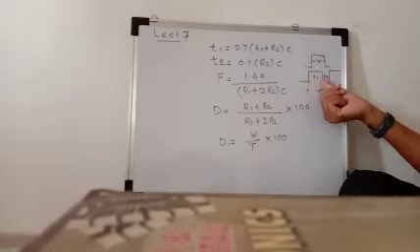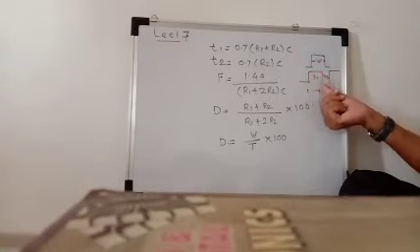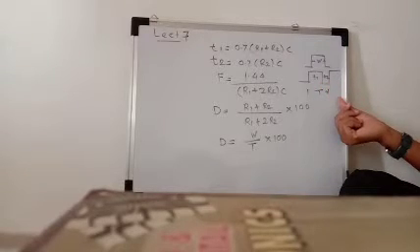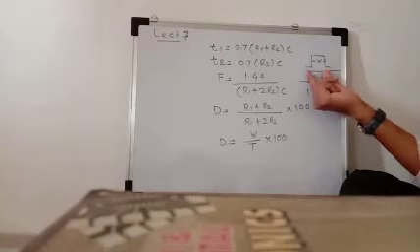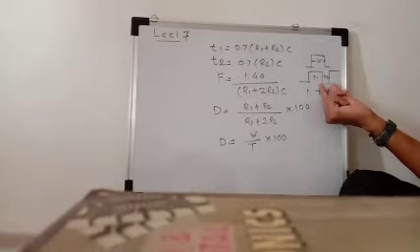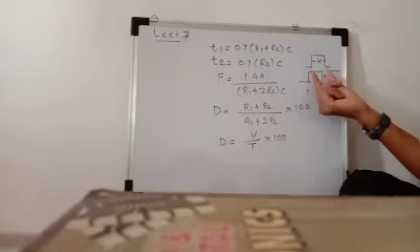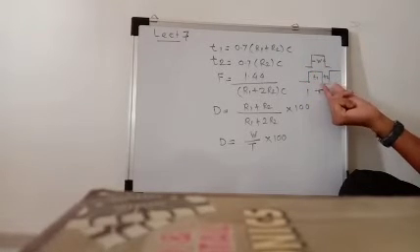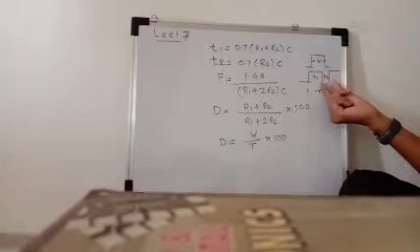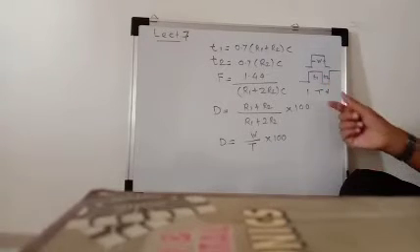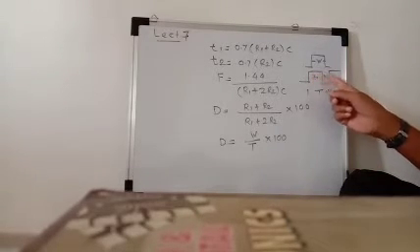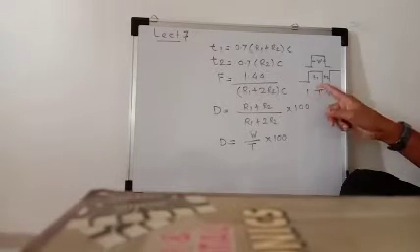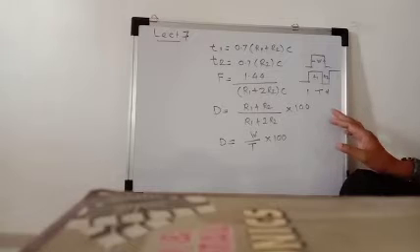T2 is the discharging time of the capacitor. T1 is also called T on, and T2 is also called T off. Total time T is equal to T1 plus T2, and F is equal to 1 upon T.